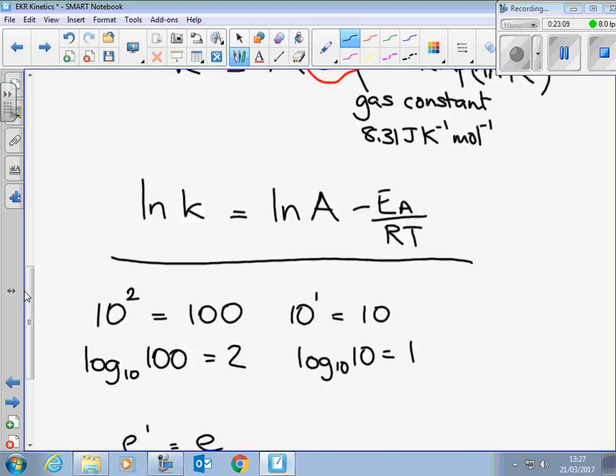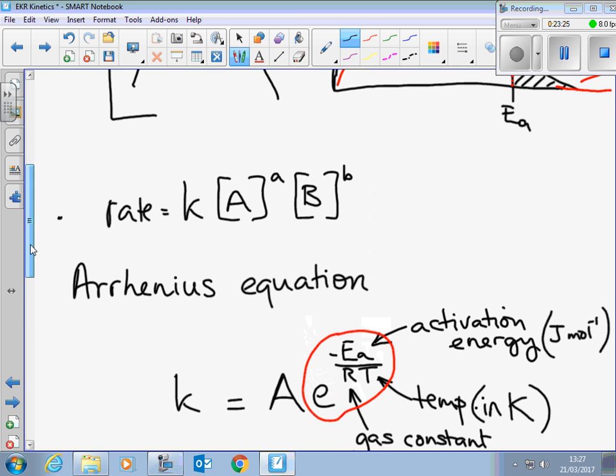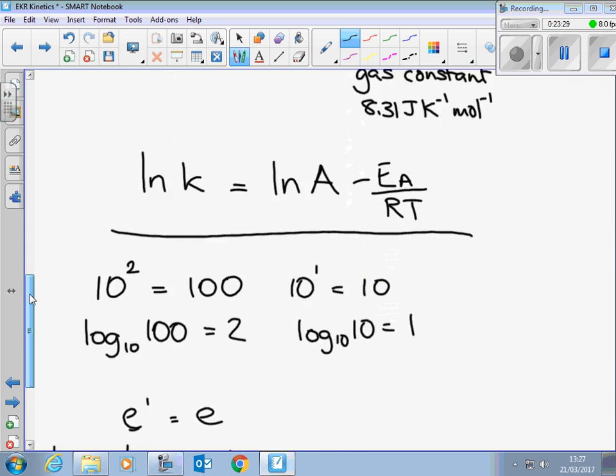So you can use it to show the effect of change of temperature on the rate constant, and therefore on the rate of the reaction, because that is determined by the constant. So if the rate constant doubles, for example, so will the rate of reaction. Remind yourself by looking at that. You double K, you're going to double the rate.